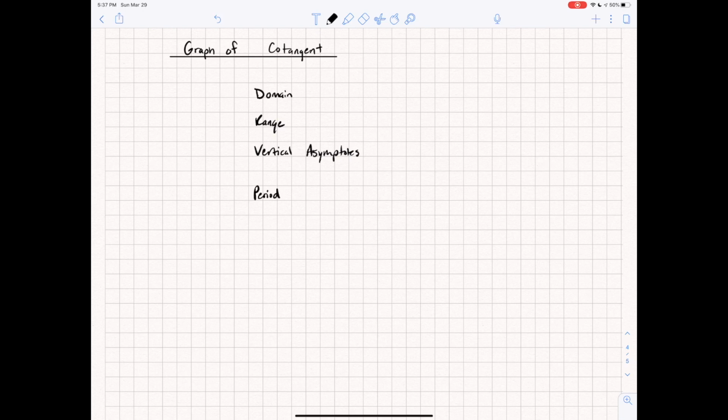Now, just as a reminder, cotangent is the reciprocal of tangent. So anywhere that tangent is equal to 0, cotangent would be undefined. And anywhere that tangent is undefined, cotangent is now 0.